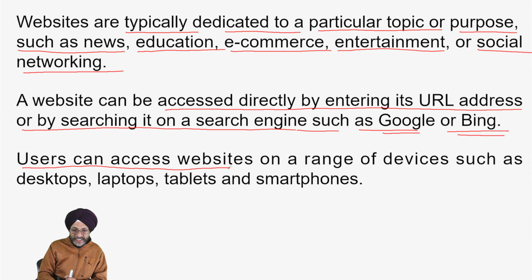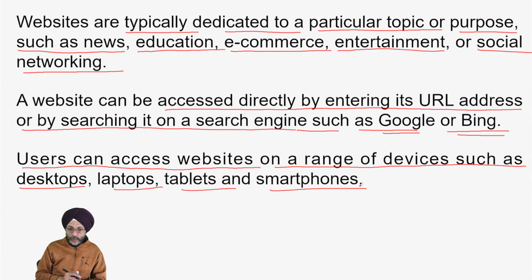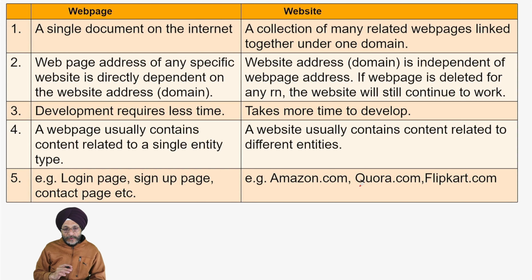Users can access websites on a range of devices such as desktops, laptops, tablets, and smartphones. That is, you can access any website on your desktop, smartphone, or laptop. Now, we have differentiated web page and website in a tabular form.